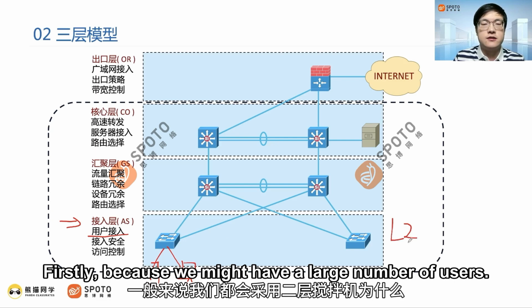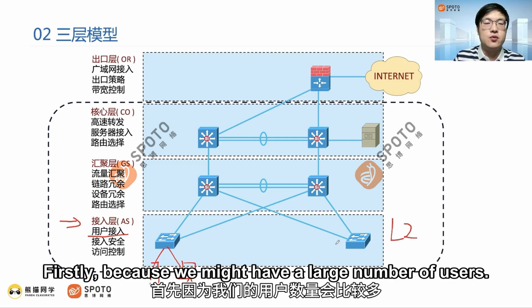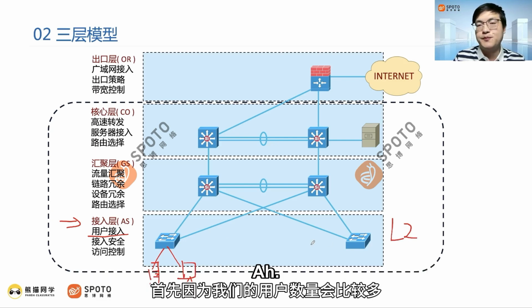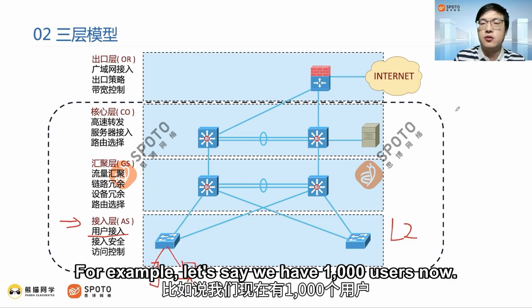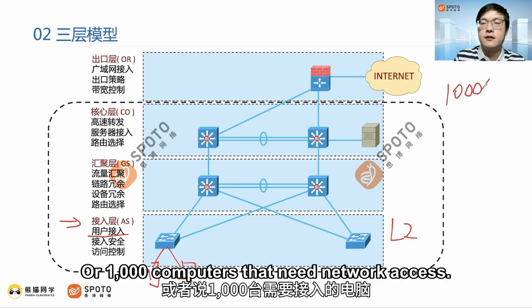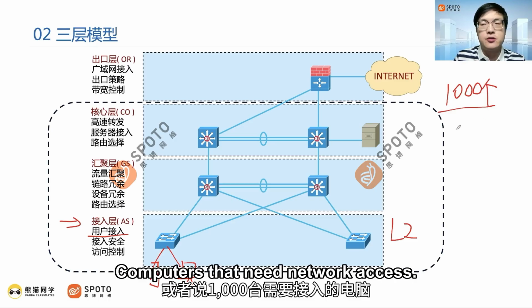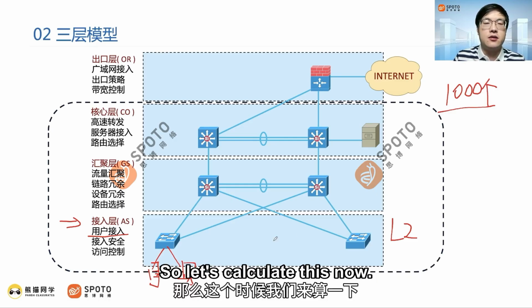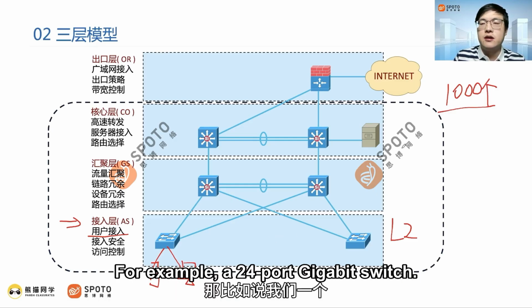Why is that? Firstly, because we might have a large number of users. For example, let's say we have 1,000 computers that need network access. Let's calculate this now. For example, a 24-port gigabit switch.